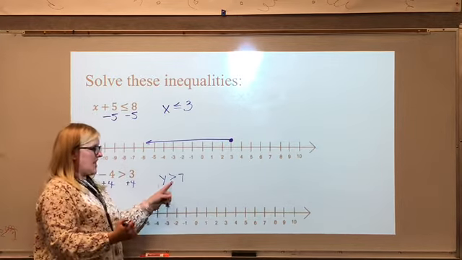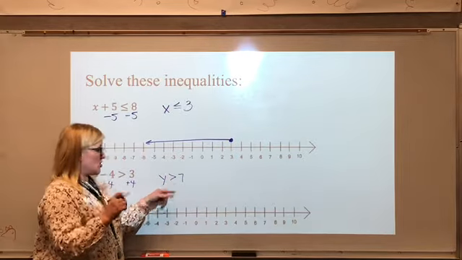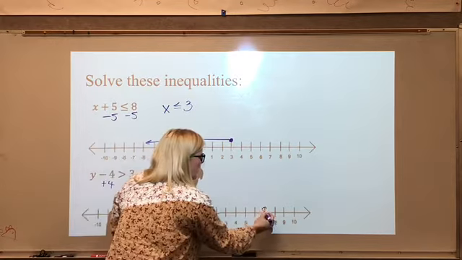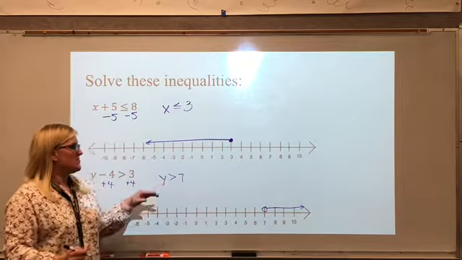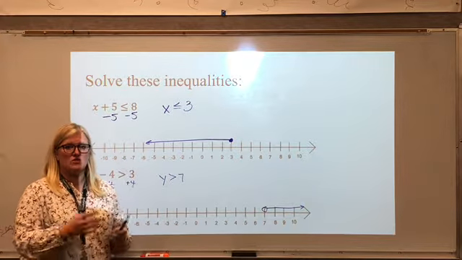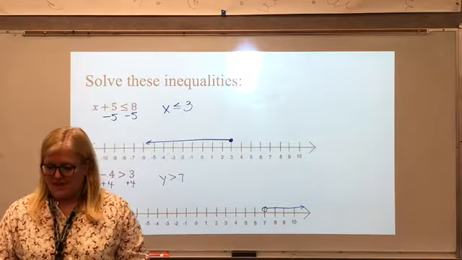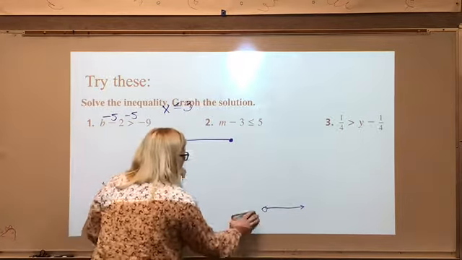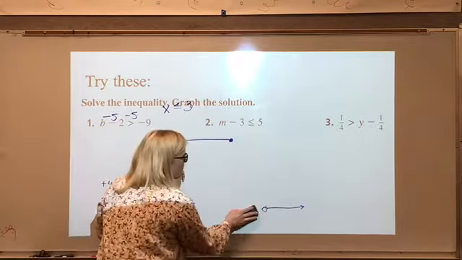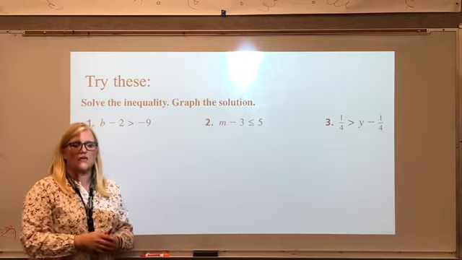And it doesn't have an equal, so it's an open circle. And y is greater than 7. So this is how we do those problems. Okay, so now I want you guys to graph them on your own, but these are for you to try. So go ahead and stop your video now.